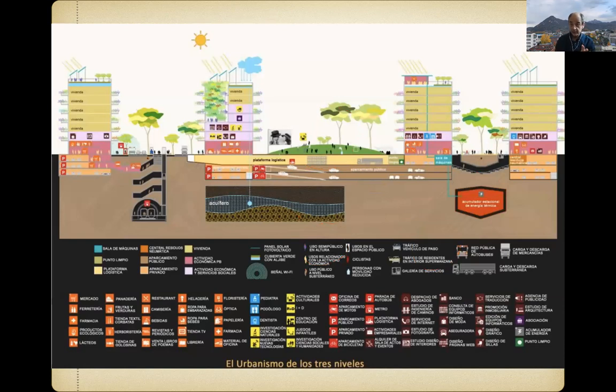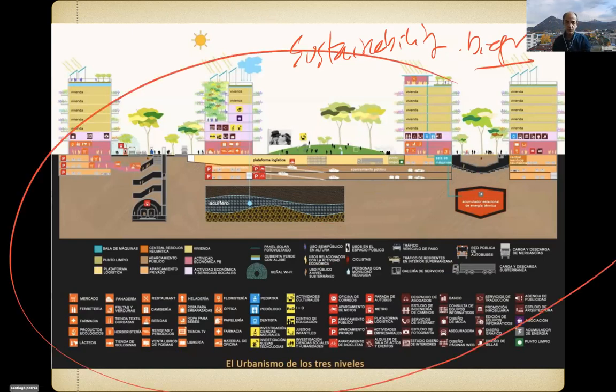This is Rueda's drawing, but this is kind of the sustainable diagram, right? In which he shows the full section with all the programs: parking, common spaces, co-working, living, commercial, park, training, connection with the subway, groundwater used for geothermal and water and so on.